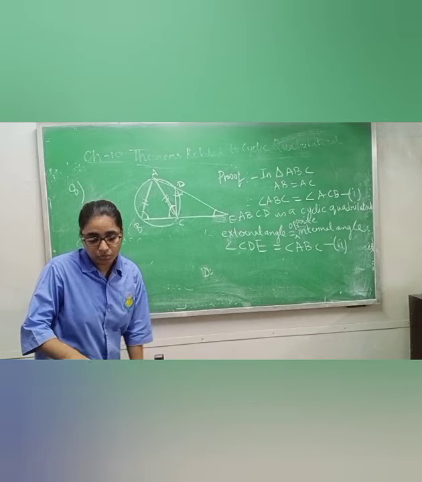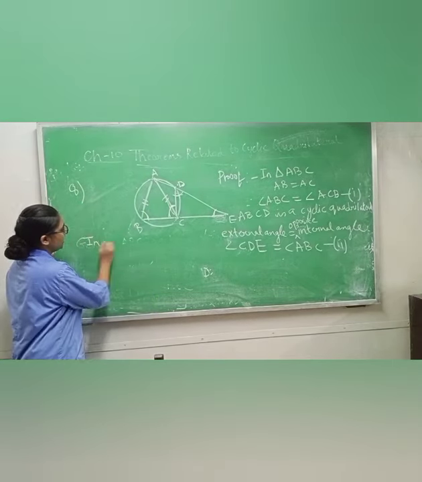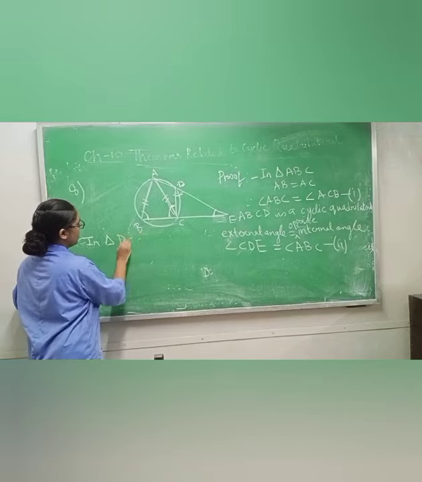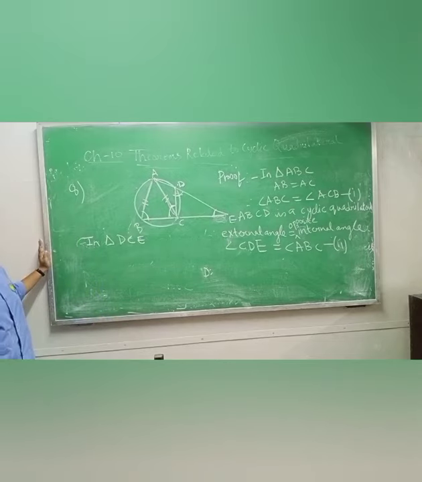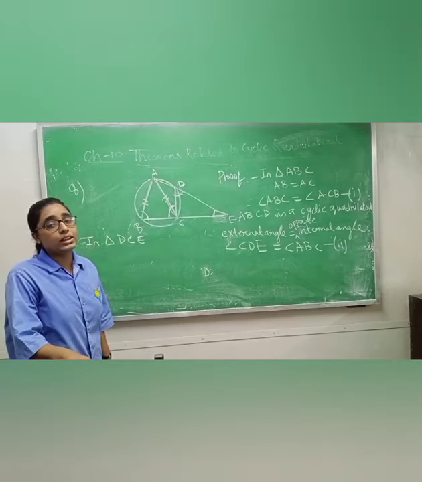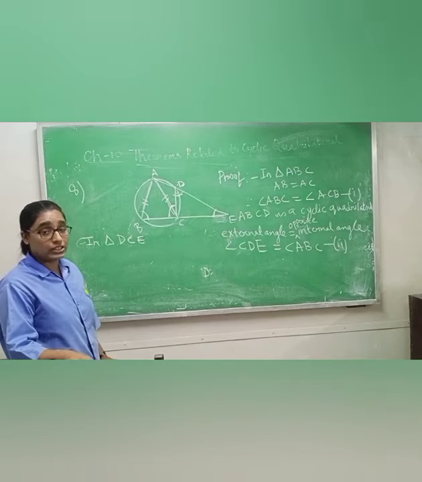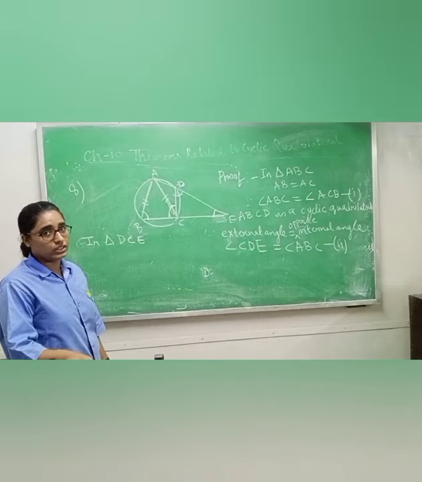Now what we have to do here, after that come here, in triangle DCE. Now tell me, in triangle what is the relationship between external angle and internal angle? I am talking about triangle, not quadrilateral. In quadrilateral we know that external angle is equal to opposite internal angle.